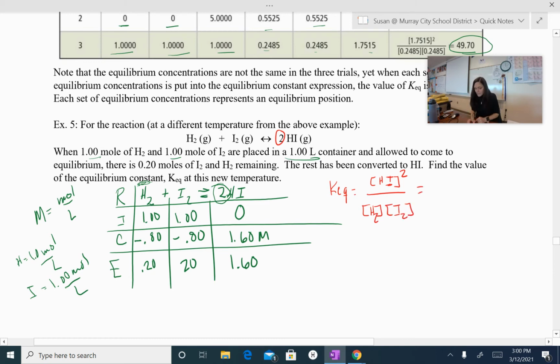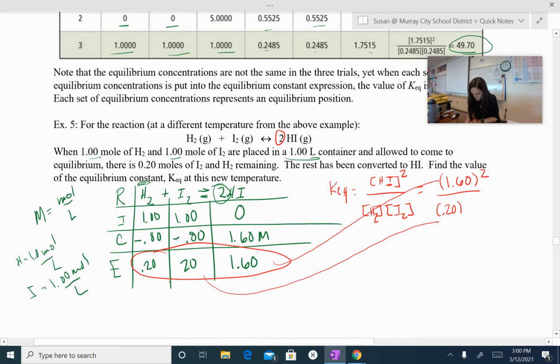And these are my equilibrium concentrations, so I'm going to put them in. I'm going to have 1.60 squared all over 0.20, right? This goes up here, this goes here, and this goes here, 0.20, okay?